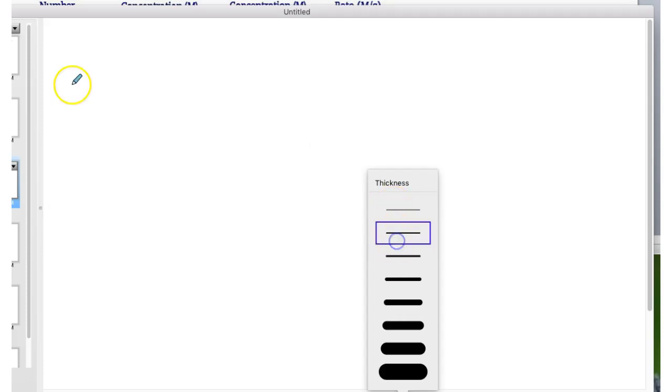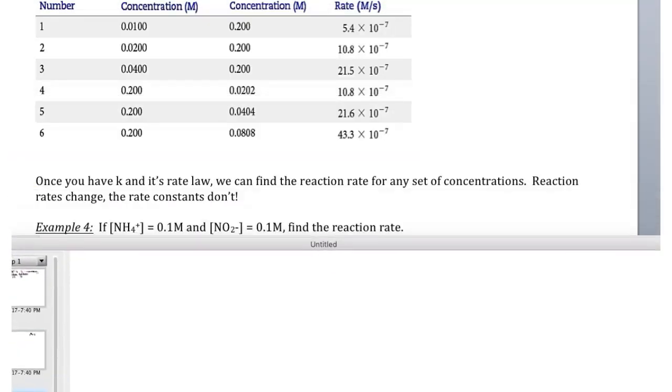Let me set up my pen here. Okay, the rate law is going to be set up in this fashion: we write rate is equal to K. K is a constant. It's not the equilibrium reaction constant, so don't confuse this.